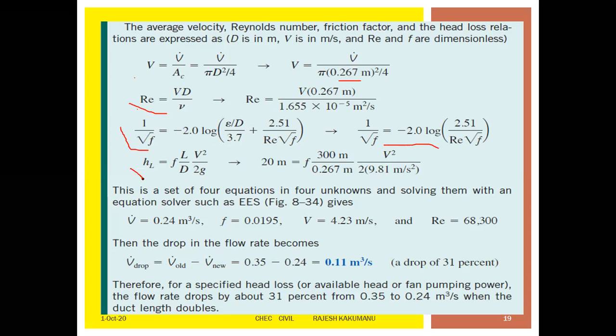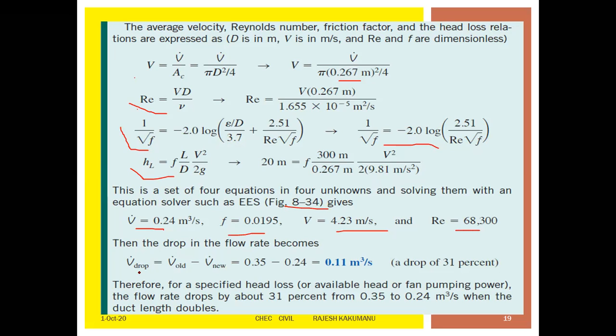Therefore, the head loss is equal to f into L by D into V square by 2g. Here f is for 20 meters, and L is doubled, so 300 divided by 0.267 into V square by 2g, same thing. So the flow rate is equal to 0.24. f is equal to this, V is equal to this, Re is equal to this according to the table given.